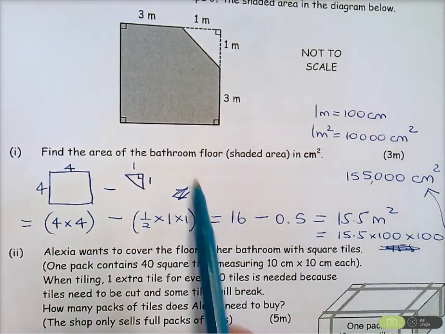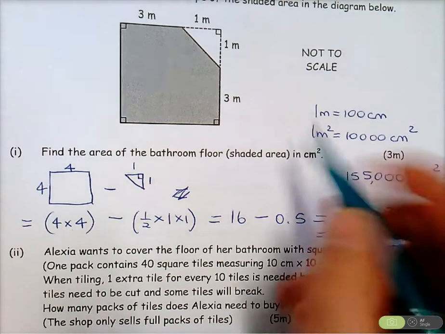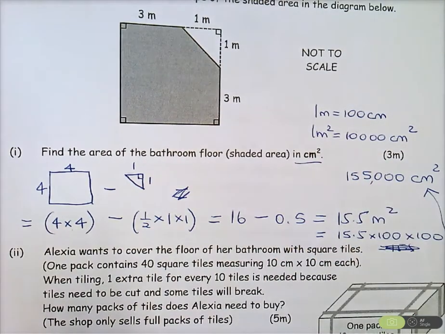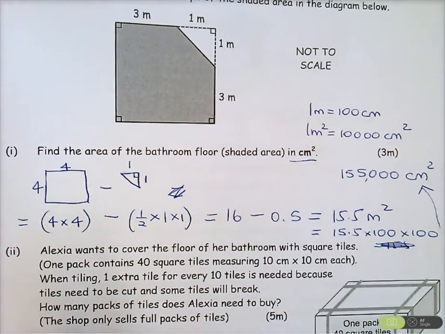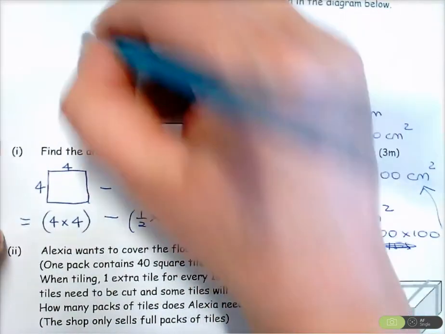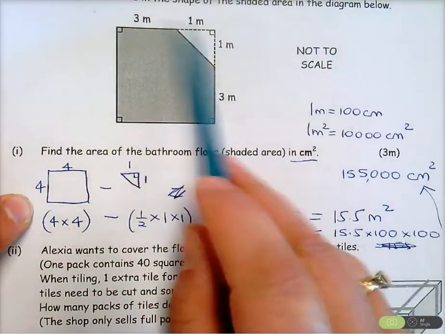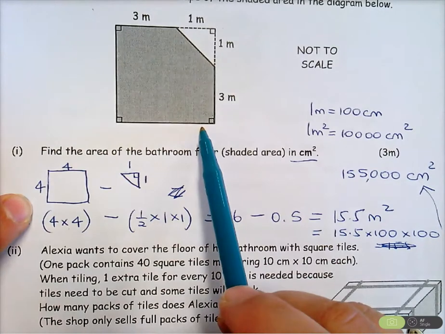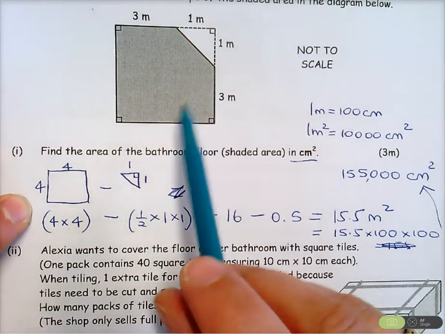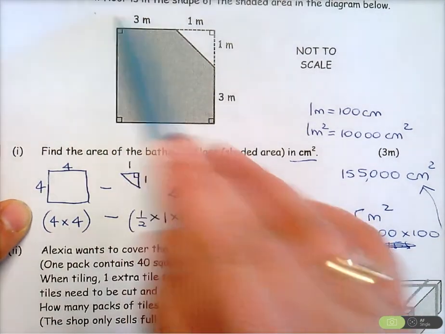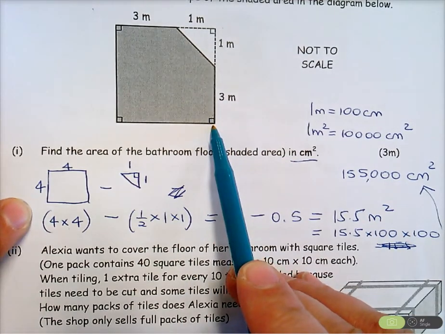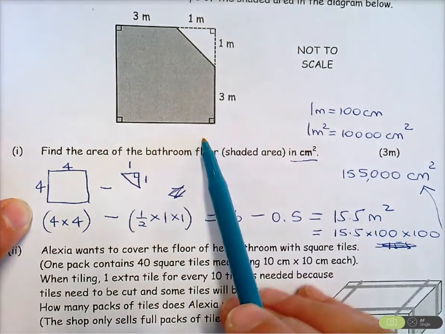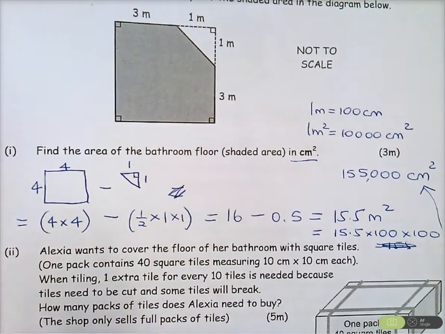See, when you see a question like this and they say find the area of the bathroom floor in centimeters squared, what you should really do to make it easier is change all these to centimeters to start with. So instead of doing 4 meters times 4 meters, you can do 400 centimeters times 400 centimeters, and then your units will come out as centimeters squared.